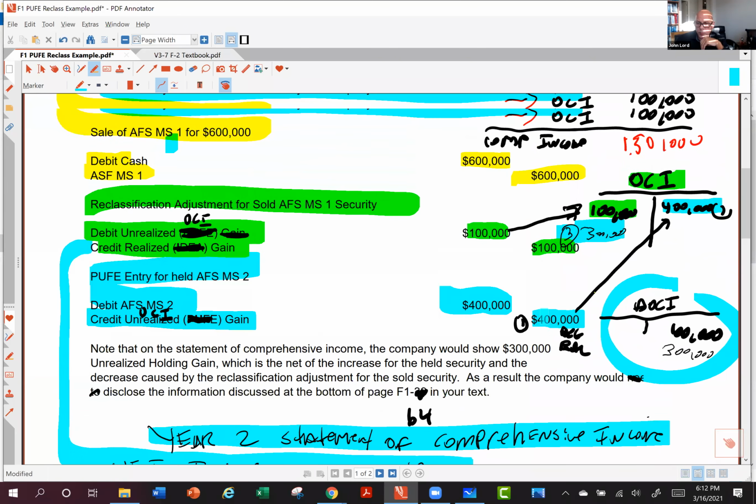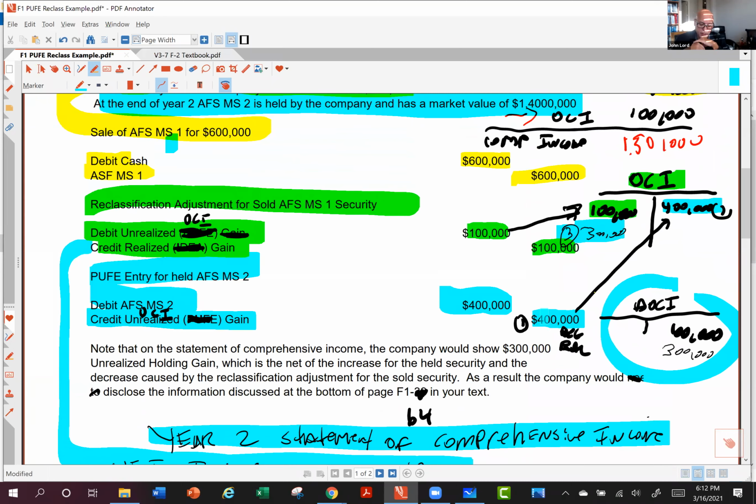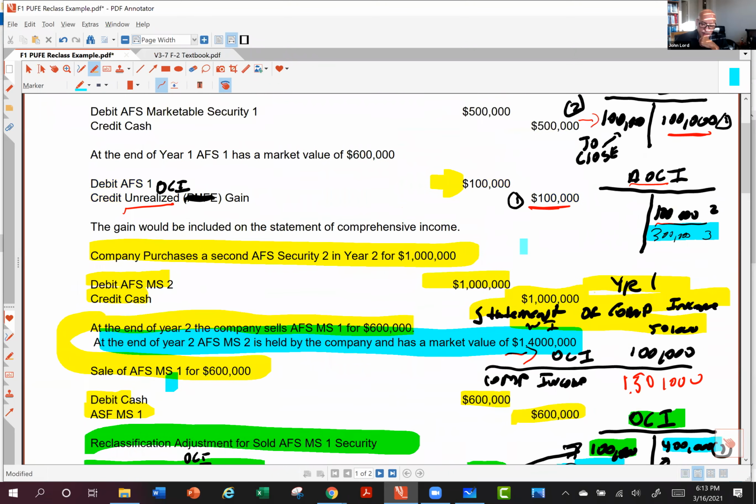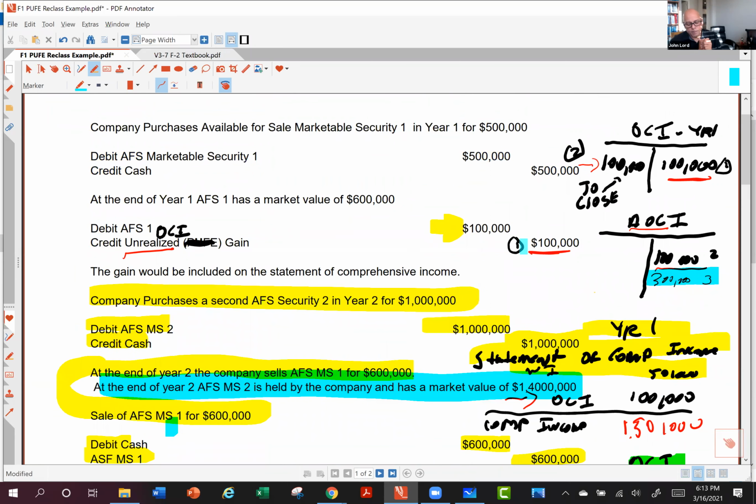The way you see the discussion of the OCI question sometimes is they'll tell you that the beginning balance in the accumulated OCI was 100,000, and then they'll tell you that the company had a security like that security 2, in which there was a difference between the original price of $1 million and now the fair market value at the end of the year of 400,000.